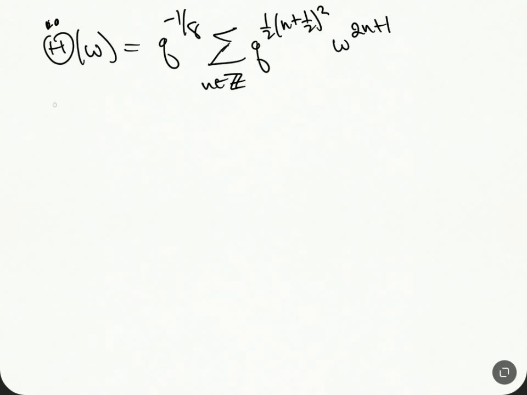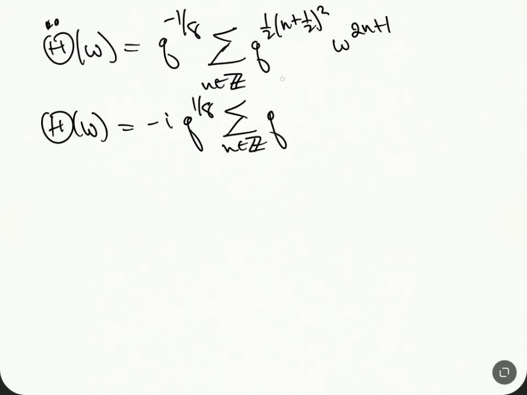The other series was, let me just write it down again, minus i q to the 1/8, sum for n in the integers, q to the n times n plus 1 over 2, w to the 2n plus 1.